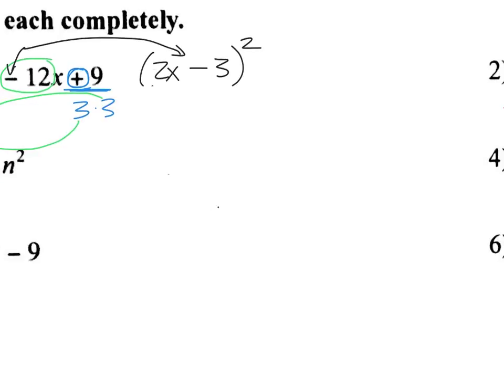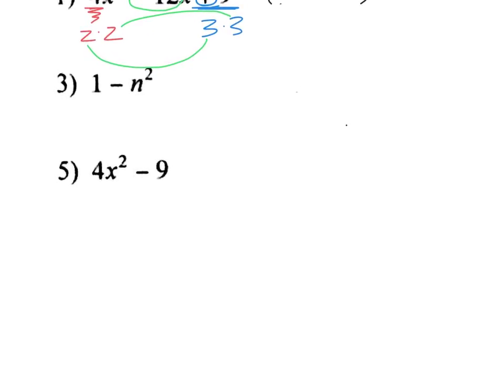Now, these other 3 problems are what we call difference of squares. And remember, we did this when we did polynomials, difference of squares. What has to happen here is this has to be a square, which is 1 times 1. This has to be a square, which is n times n.